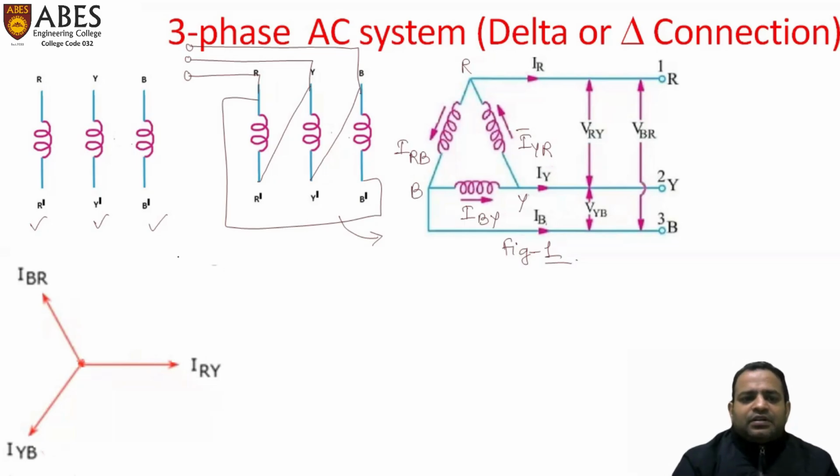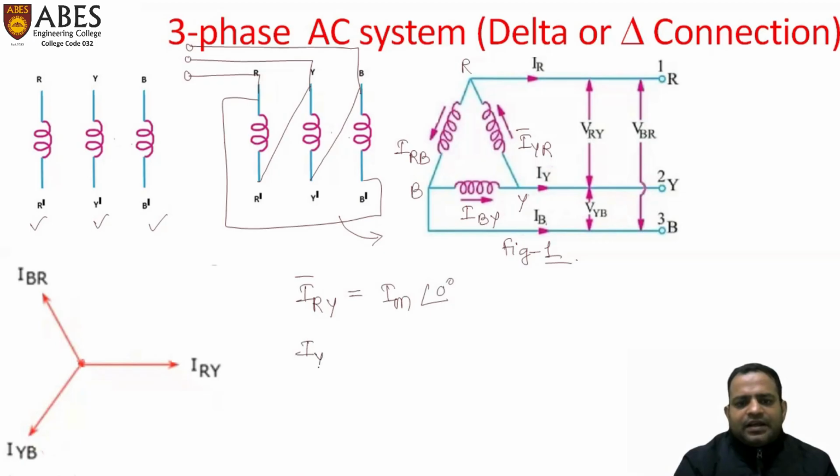So this is our balanced current phasor, which is situated here. And we can write here the value of IRY, that is IM at an angle of 0 degrees.